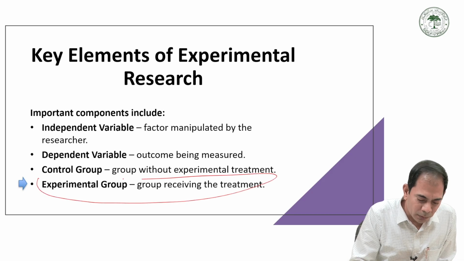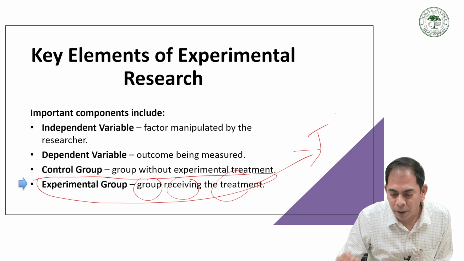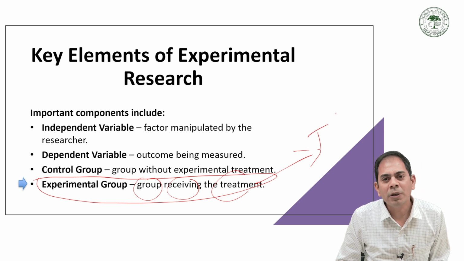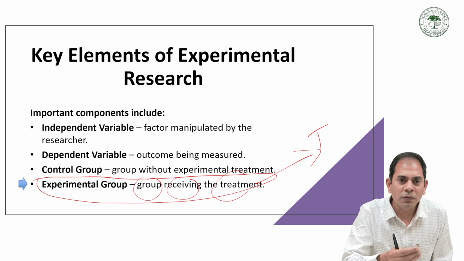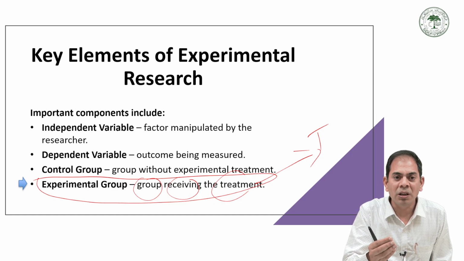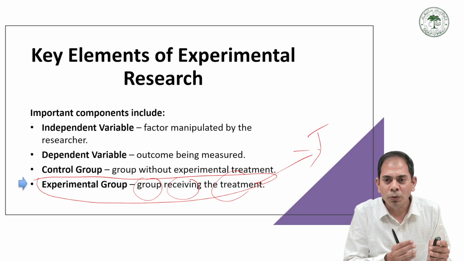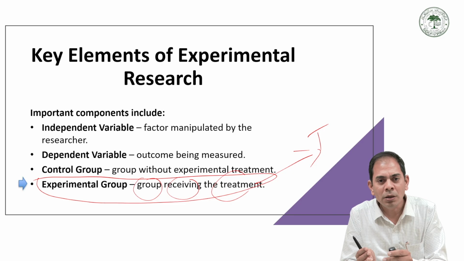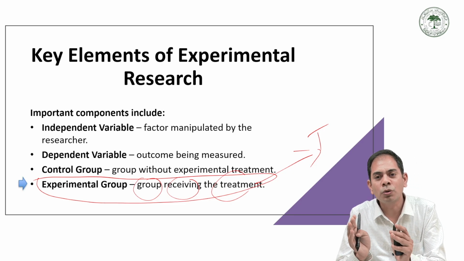Next is the experimental group. This group receives the treatment, which means the treatment group. The fourth element, the experimental group, receives the treatment or intervention that we are testing. The results of this group are compared with the control group to identify the actual effects. For example, if we want to study the effect of a yoga training program on flexibility, one group of students practices yoga, while another group does not perform yoga, which is the control group.